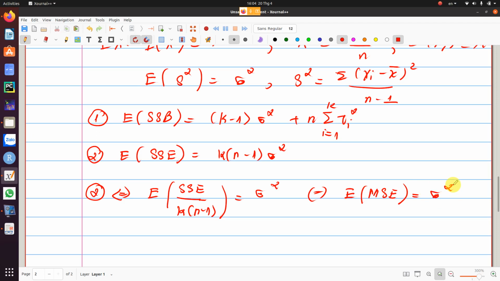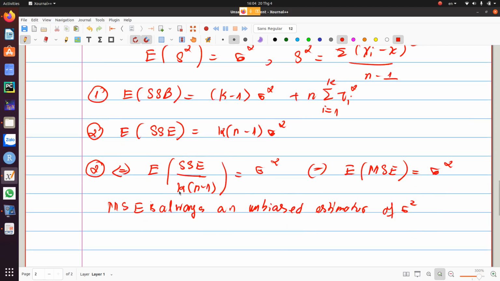So if the mean of the estimator exactly equals the parameter, it means that MSE is always an unbiased estimator of sigma square.